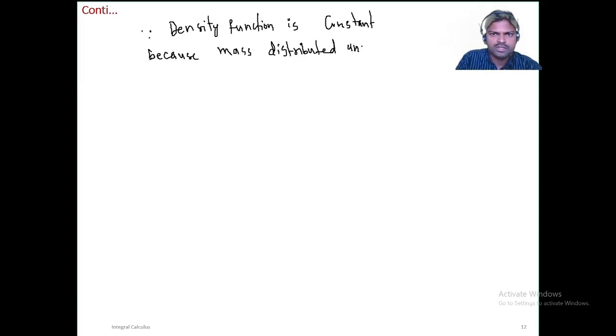That's why the density function is constant. Therefore clearly we can say that f of x comma y, which is rho of x comma y, the density function, is constant. Let us write k, where k belongs to the positive real numbers, a constant.